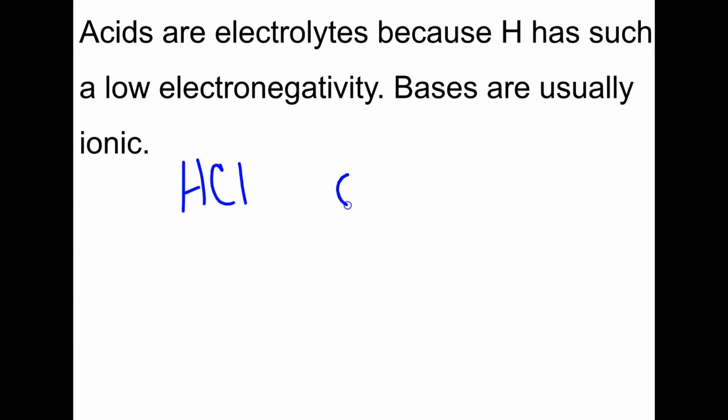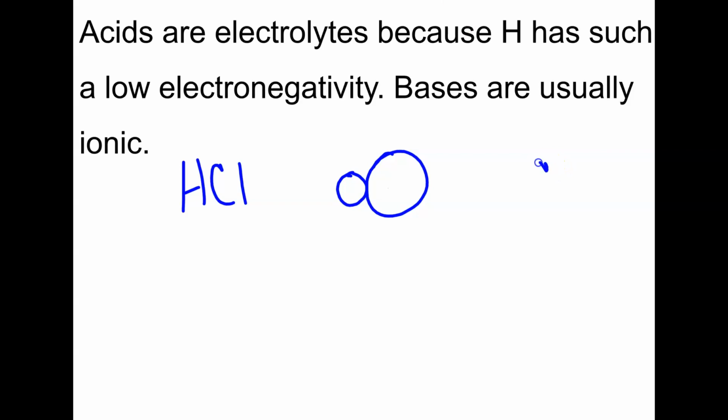All right, and if I was to draw it, it would look like this, right? A hydrogen atom bonded to a chlorine atom. Now we would expect this to be covalently bonded in a molecule because hydrogen is a nonmetal and chlorine is a nonmetal. But remember, hydrogen is a weirdo, and hydrogen easily gives away its valence electron to chlorine.